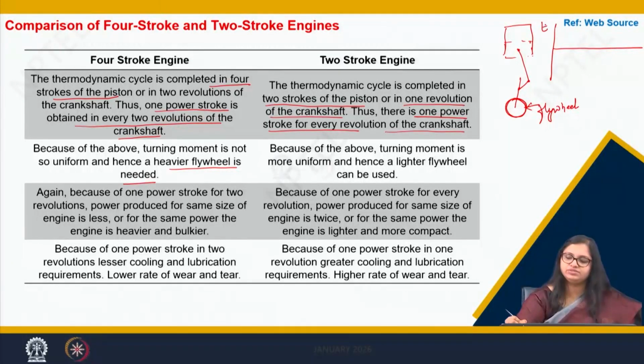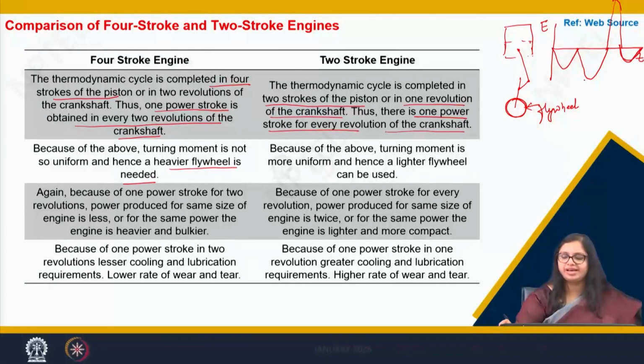It is energy versus time, in which, let's say, this is the suction stroke, then we have a compression stroke where energy is taken from the system. However, in a power stroke we get a huge amount of power that is seen in the turning moment diagram, and then we have another unproductive stroke, the exhaust stroke.